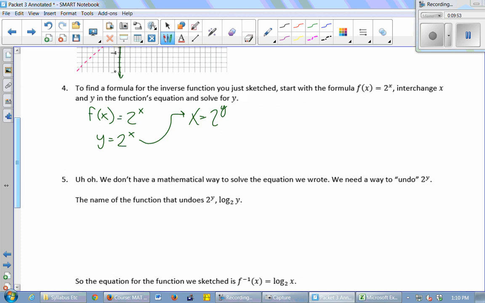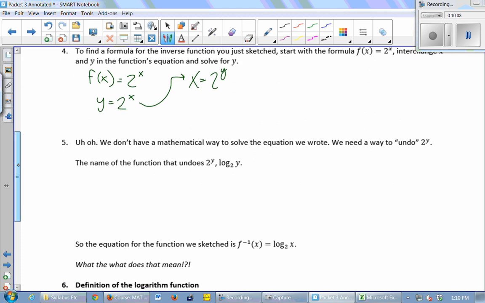Why we came up with that name, I don't know, but it's just the name of the function that undoes 2 to a power. Okay, so if I were going to finish what I was doing here, I would write x equals 2 to the y. And to undo 2 to the y, I want to get the y by itself. The thing that will get that y by itself is to take log base 2.